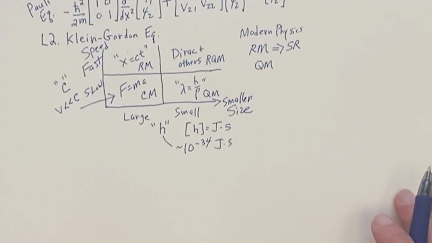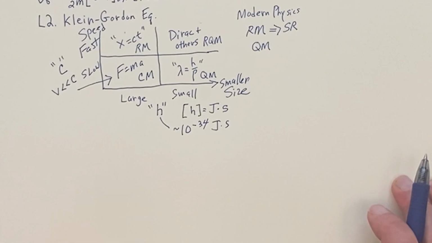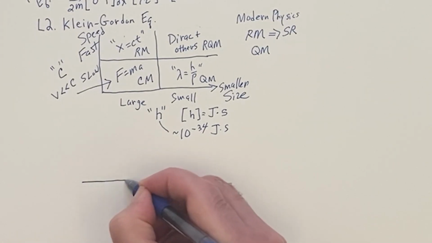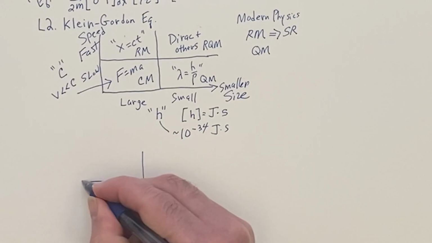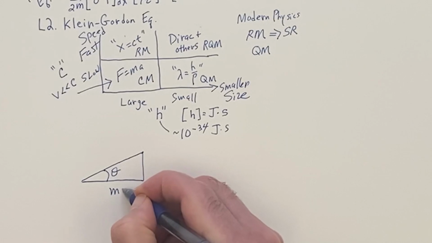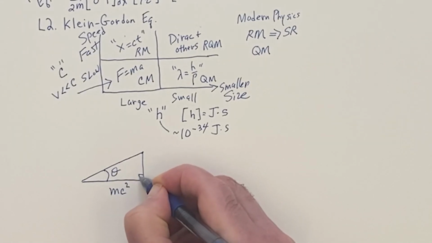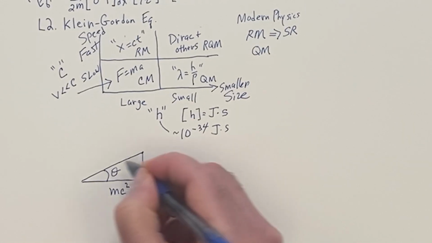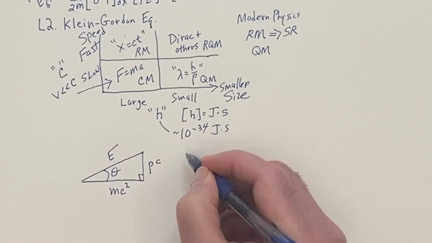So here we go to our special triangle in relativity, where we have mc squared, a right angle, and we have the pc, and then we have E for the energy.